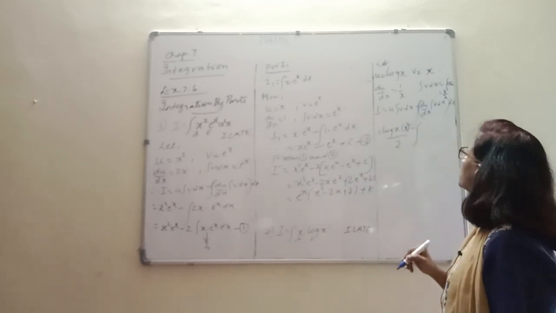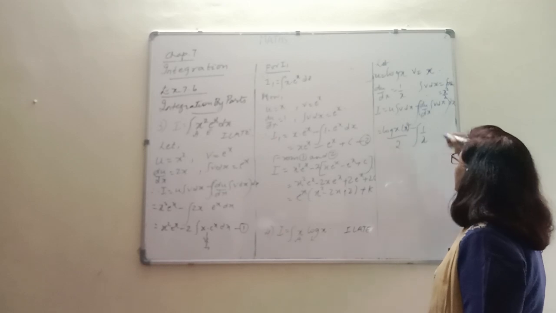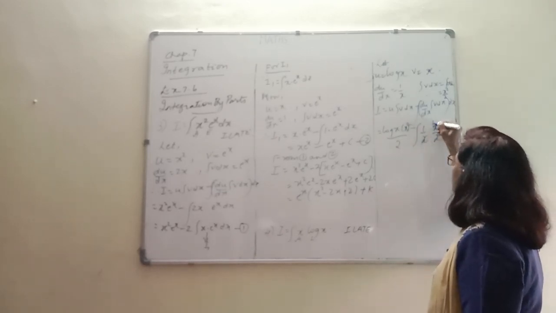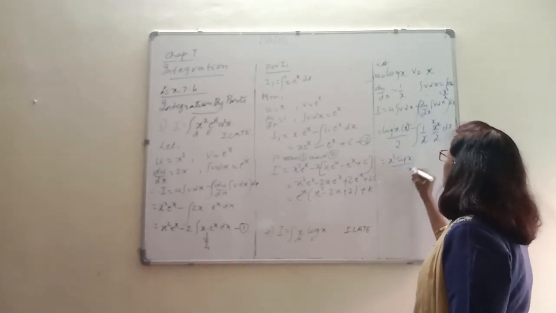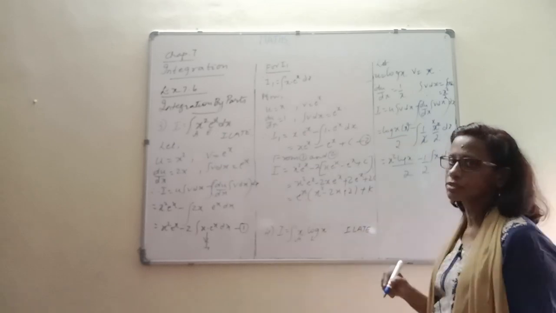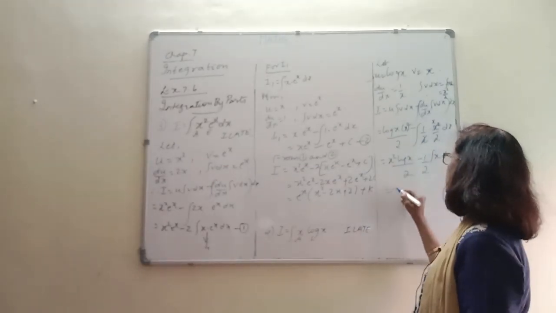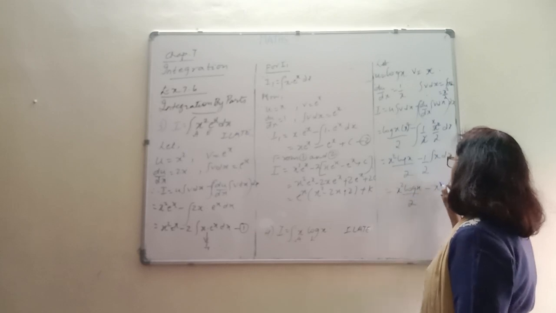Yeah, du over dx is 1 over x, and integral v dx is x squared over 2 dx, which can cut, x remaining. So x squared log x over 2, half can come out, integral of x dx. Now integral of x dx is very simple, it's x squared over 2. So you get x squared log x over 2 minus x squared over 4 plus c.